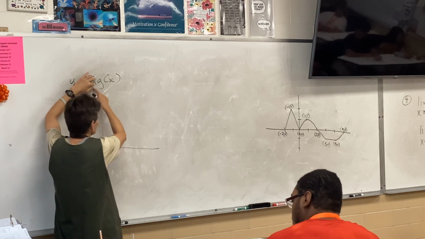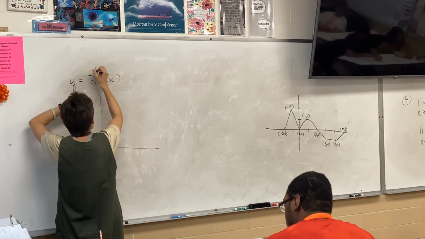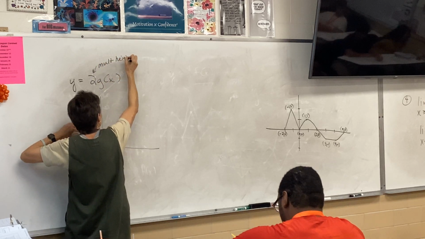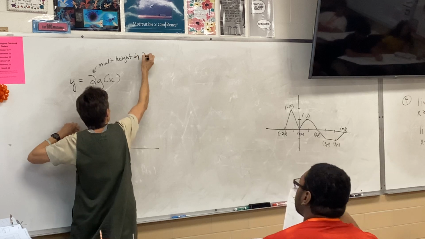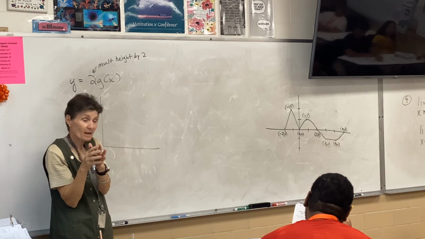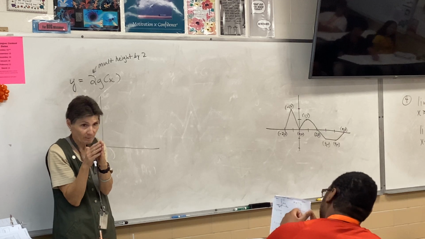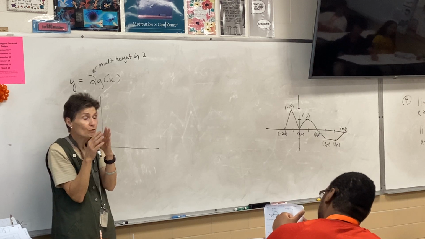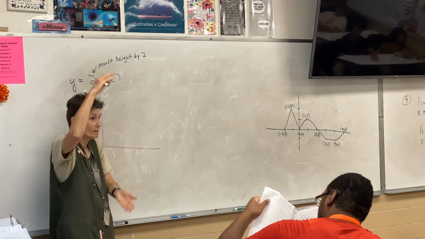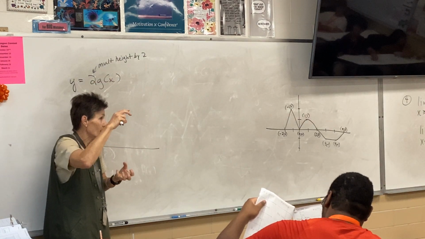So this is like 2 times the y. This is going to multiply the height of the picture by 2. So whatever number is multiplied, not added, we already talked about added.